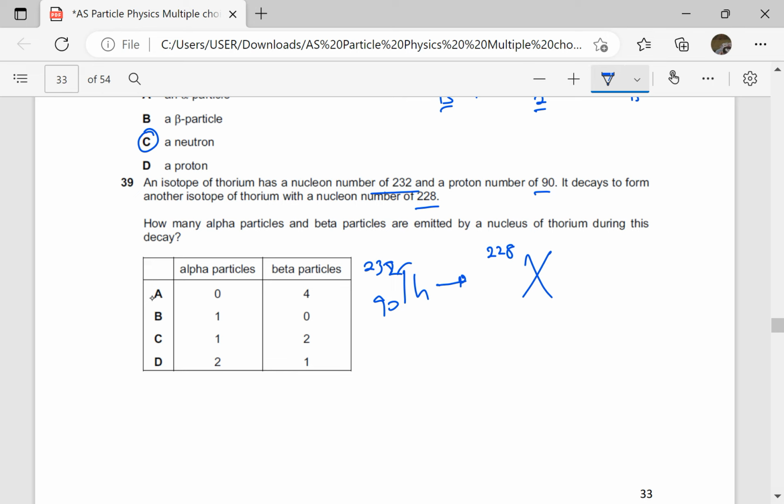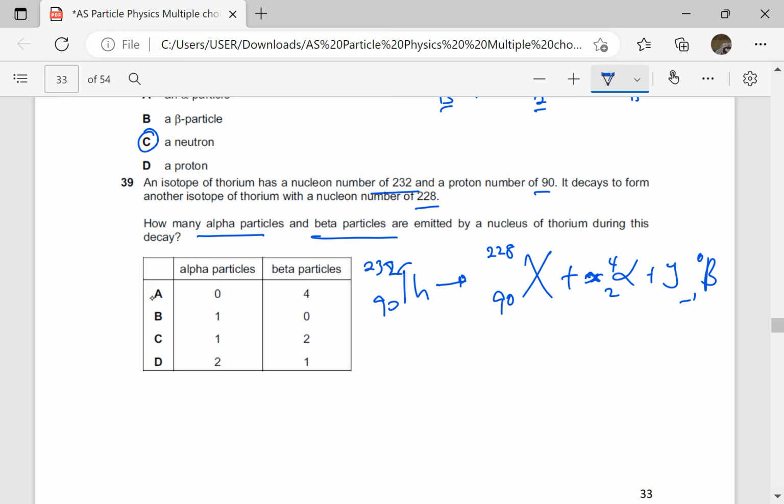Because it is an isotope, the proton number is going to be 90. Plus how many alpha particles and how many beta particles. So let's say it produces x alpha particles, that is 4, 2, plus y beta particles, that is 0, negative 1.